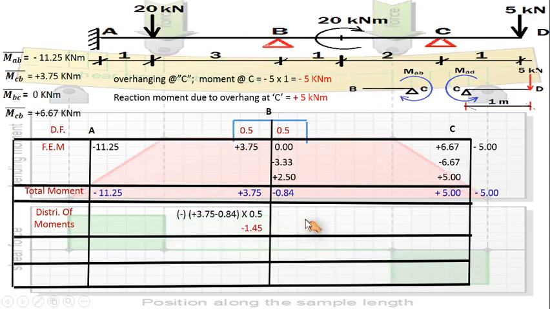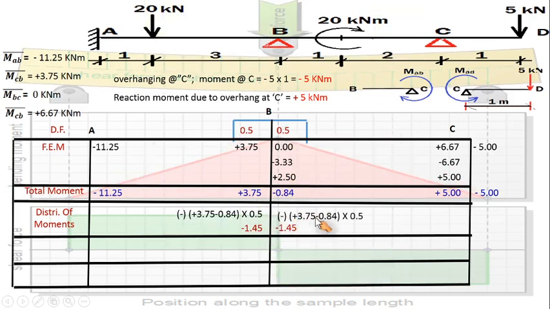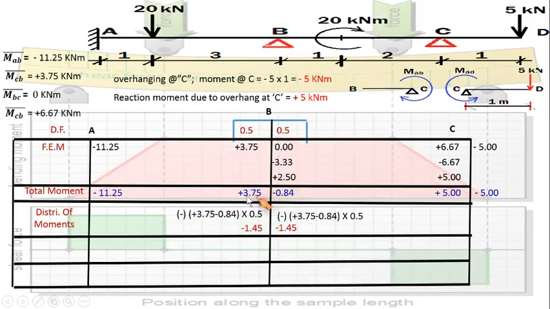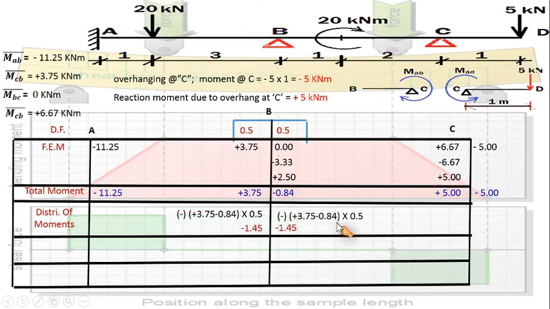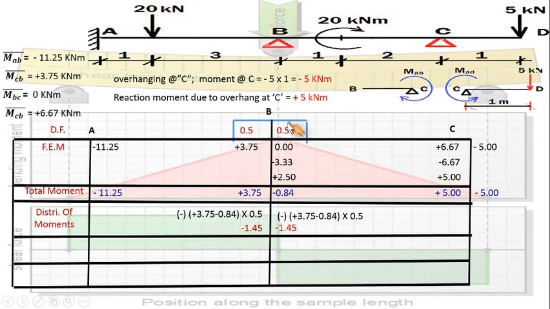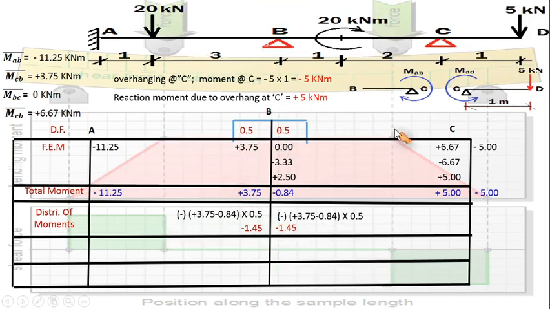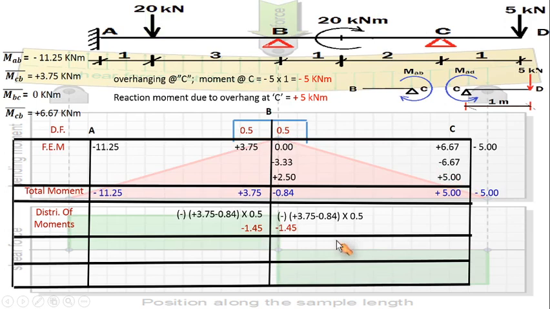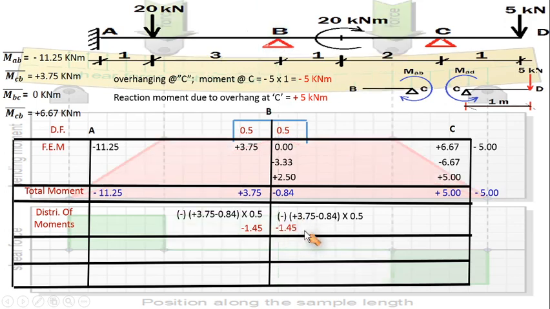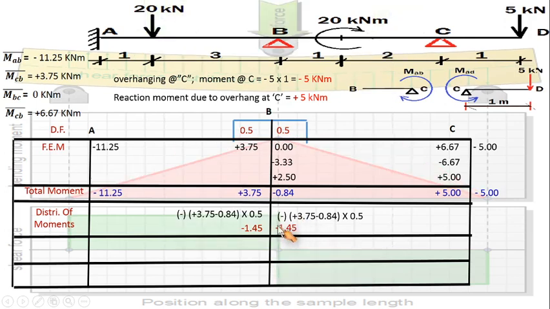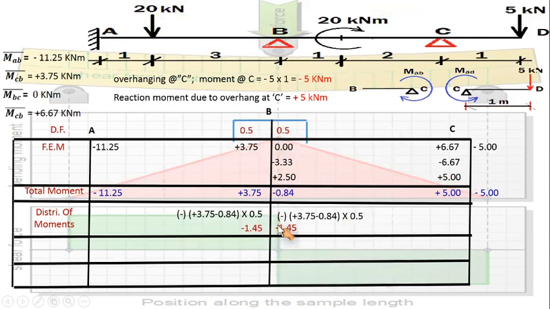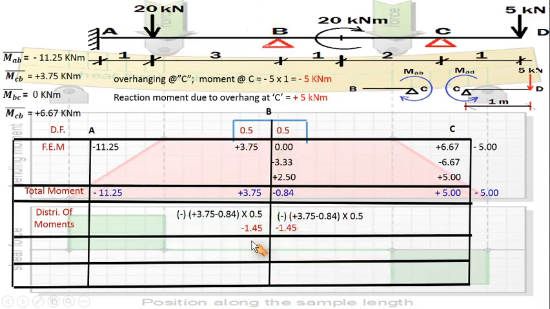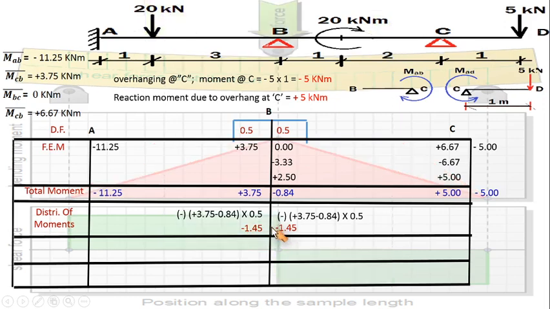Same is to be done for the right hand part of B. So again the algebraic summation of these two unbalanced moments multiplied by minus of the distribution factor on that side of B. Is it okay? So again we are getting the same value. Is it okay? Why is it so? Because the distribution factor is the same on both sides. So we have done the distribution of the moment.